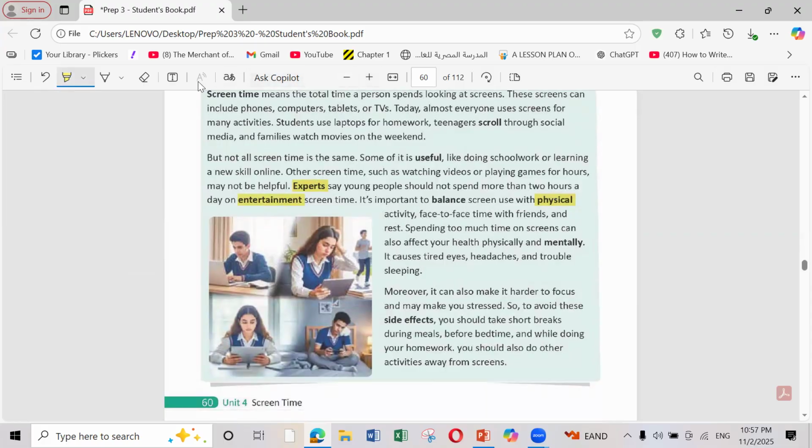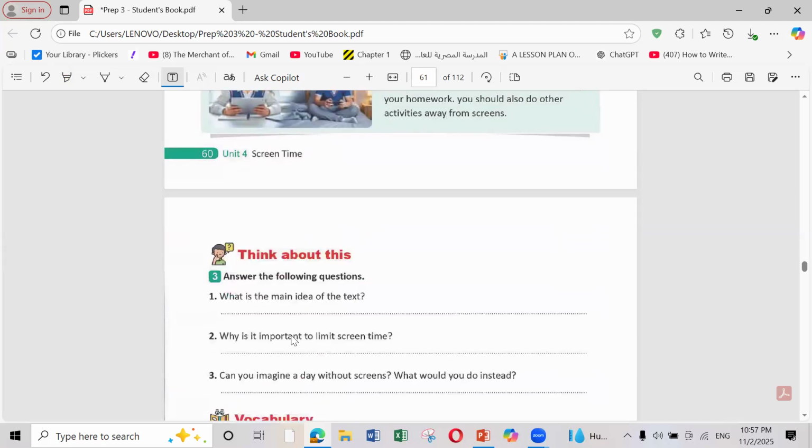When we add a text here, just 1 minute. Here, this will be number 1. And here, this will be number 2. And this will be number 3. Let's go to number 4 after that.